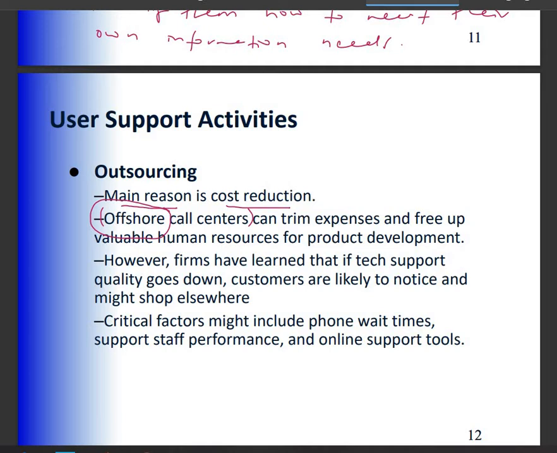Okay, dia ada beberapa critical factors lah. Contohnya ialah the phone waiting times, the support staff performance and also the online support tools. Okay. Mungkin awak tertanya-tanya, alright, so this is how it goes. Okay, dia macam ni. Let's say, kita punya company ialah berada di Malaysia.